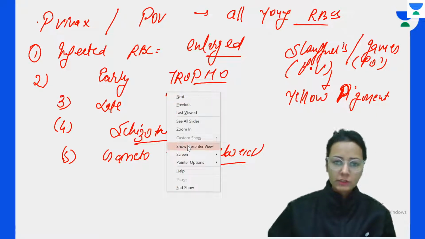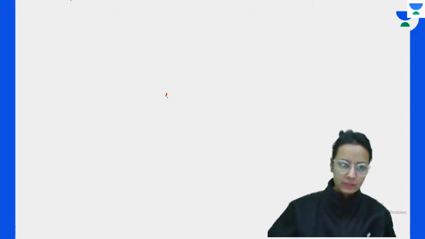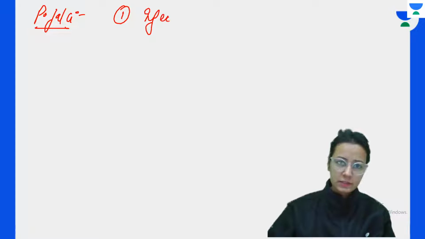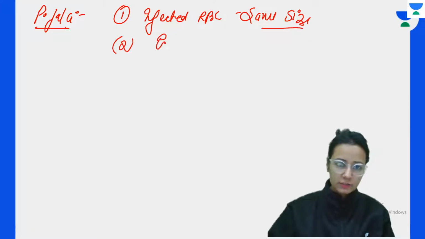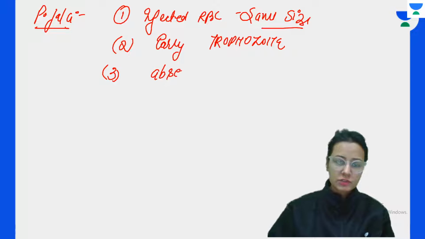Now, talking about the next one, that is falciparum. In these cases, infected RBCs will be of the same size, and we have the early trophozoite stage, with an absent schizont stage.